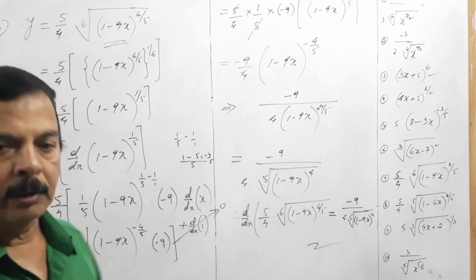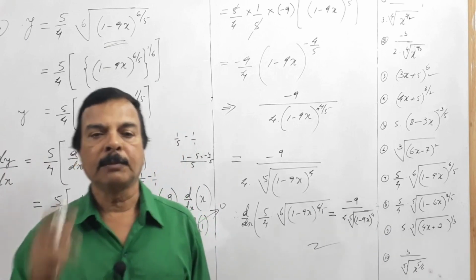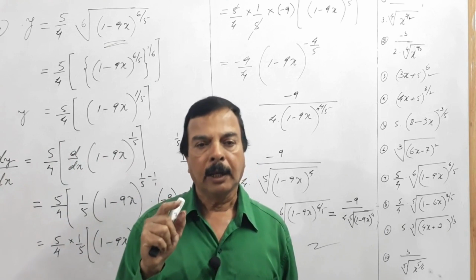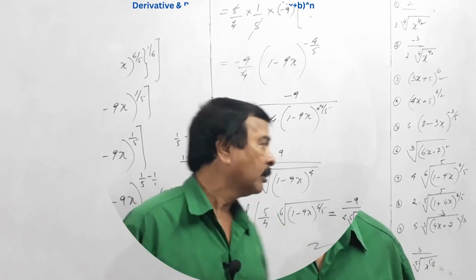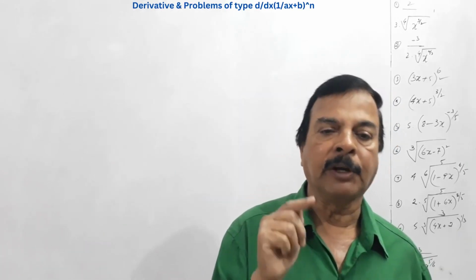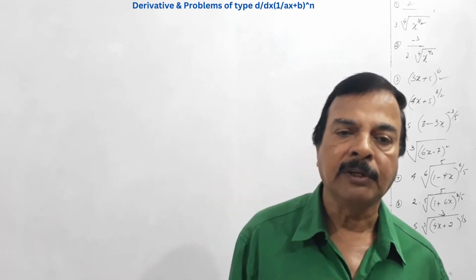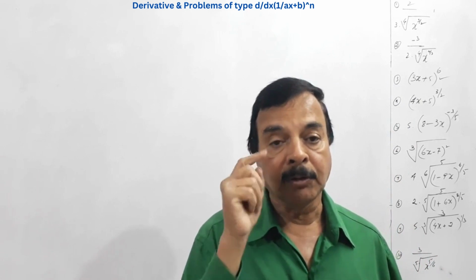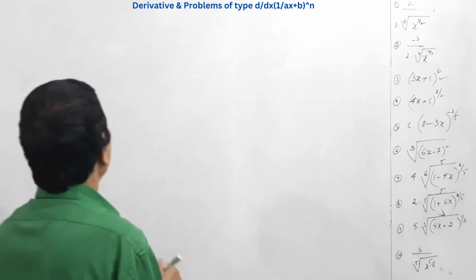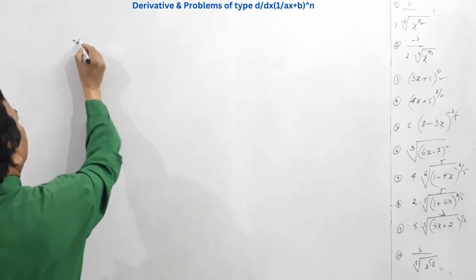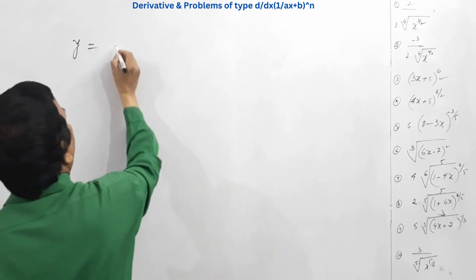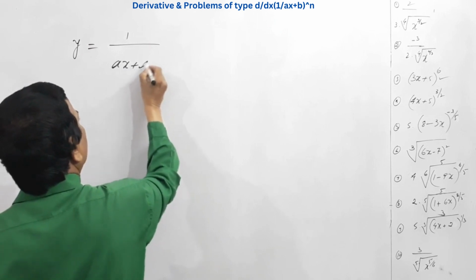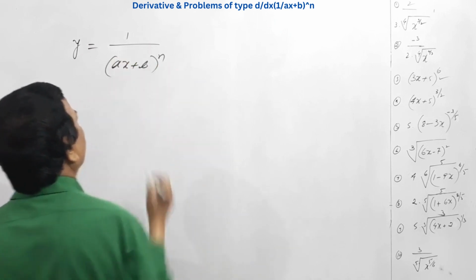We will go to the other type, that is d by dx of 1 by ax plus b to the power of n. So without wasting much of our time, let us start. I'll take y equals 1 by ax plus b to the power of n.